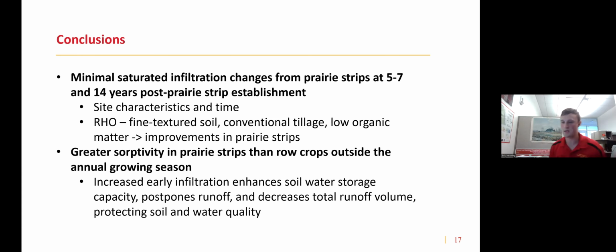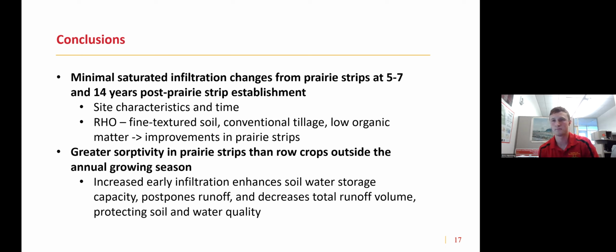I wouldn't be totally familiar with alfalfa or wheat, but I could presume that with any perennial crop or perennial vegetation, we might see the same sorptivity, the same early infiltration results, just because you'd have increased evapotranspiration outside of the annual growing season. But as far as infiltration capacity, I don't know if I could speak to that.